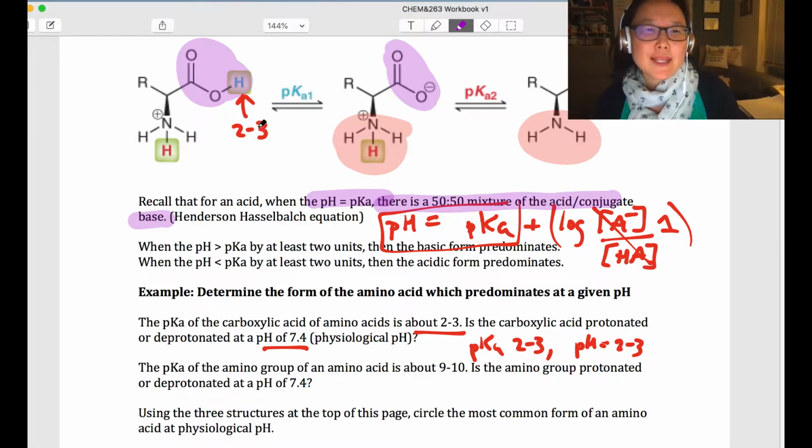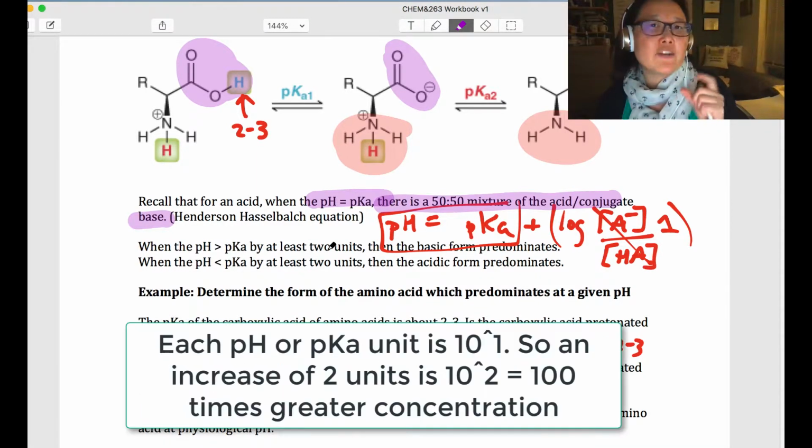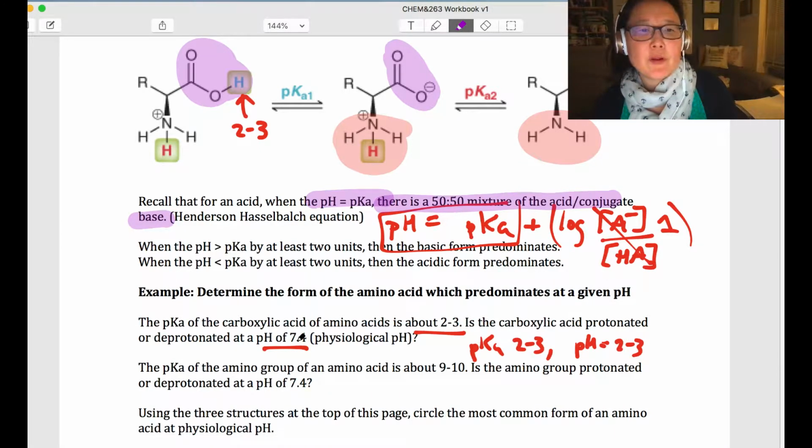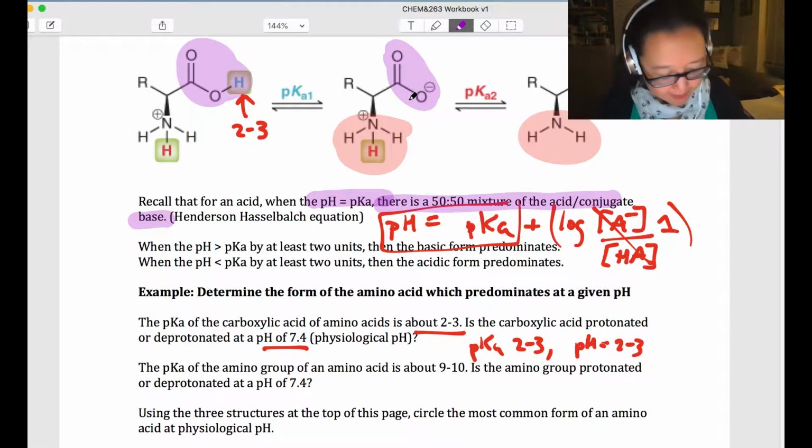When I get to be at least 2 pKa units different between the pH and the pKa, that's a 100 times difference. So that's going to give me a major form. So at a pH of 7.4, that's many times greater. That's like 10 to the 4 or 10 to the 5 times greater, right? So that's going to highly favor the basic form. So the carboxylic acid is deprotonated when we're at a pH of 7.4.